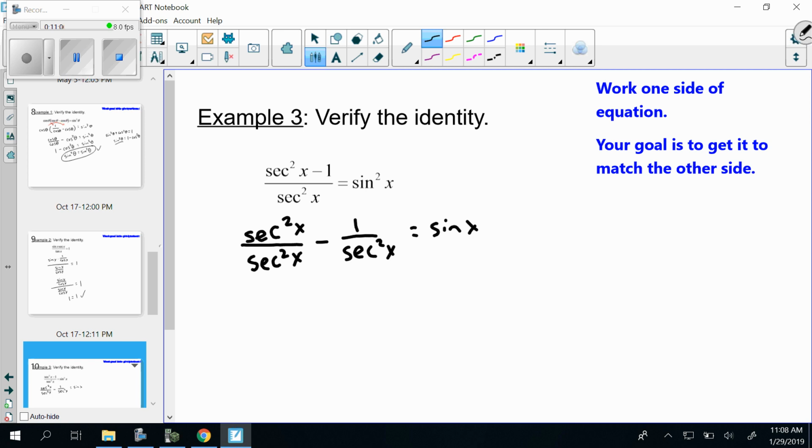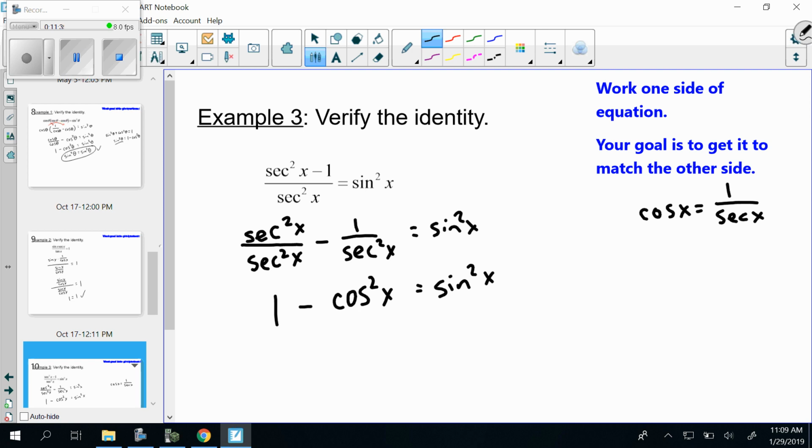Well, what do you get when you have the same thing over the same thing? That would be 1. 1 over secant squared is the same as cosine squared x, because remember, cosine x equals 1 over secant x. All right, well now we want to show this is equal to sine squared.